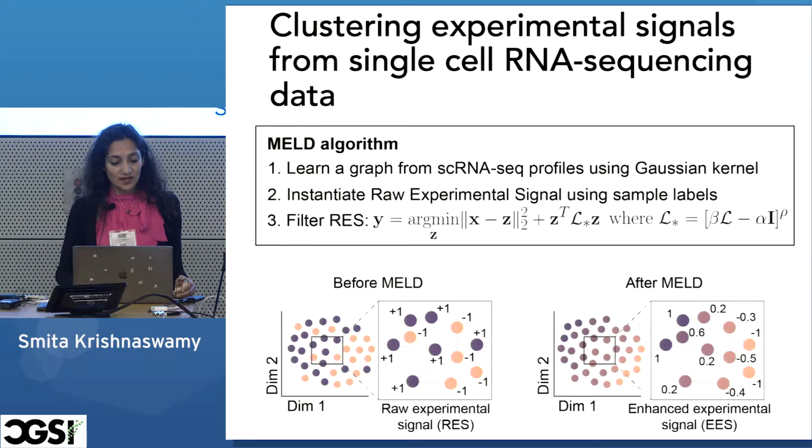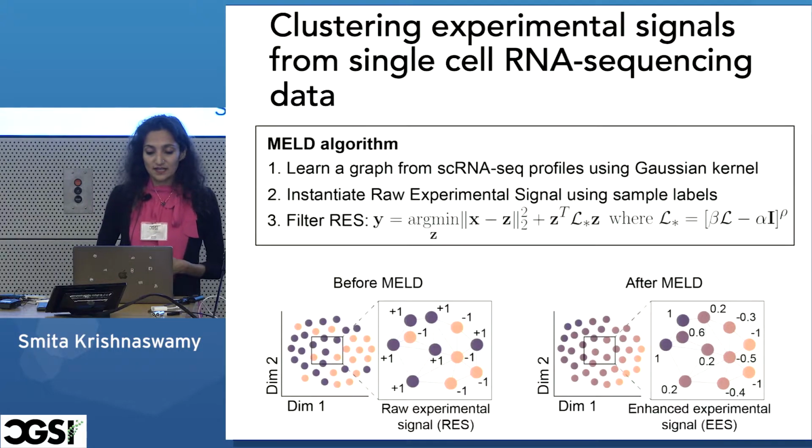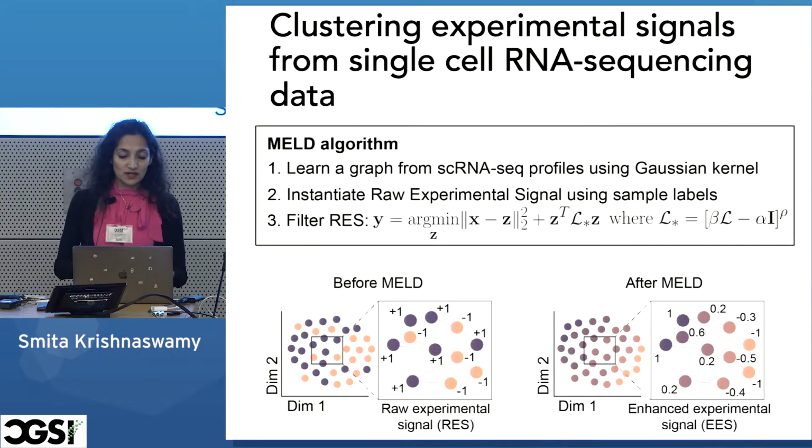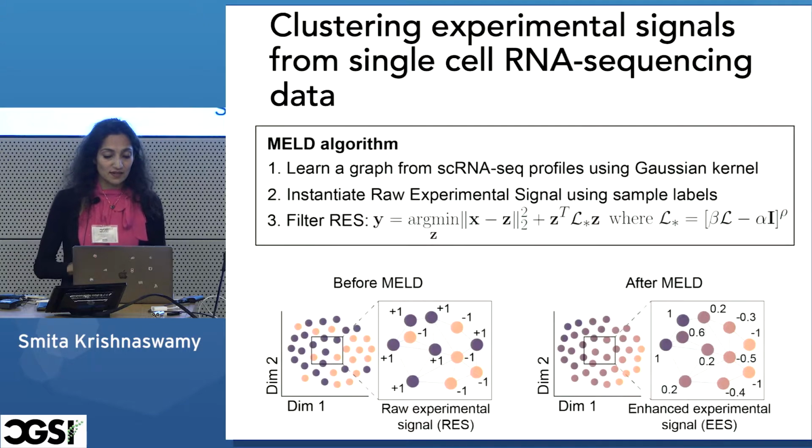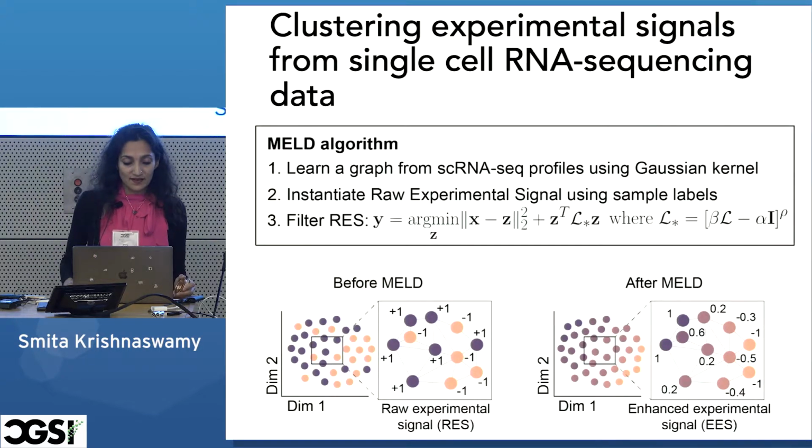So the basic idea here is you can learn the graph from the single-cell profile using the Gaussian kernel-based graph construction. You add the raw experimental signal, and then you filter it. And our filter is worded as a constrained optimization here.